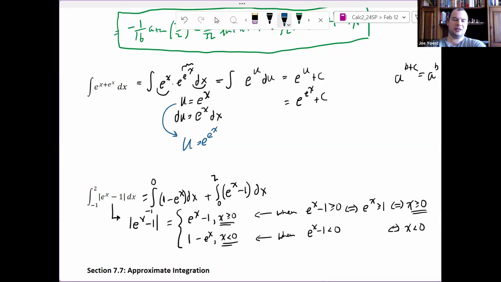I mean, the e to the x thing is the craziest looking thing. Can I just substitute u equals e to the x? Well, I might actually realize right away that du is going to be e to something times the derivative of that thing.